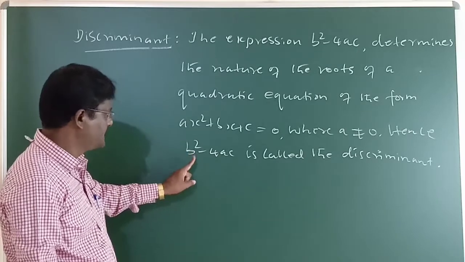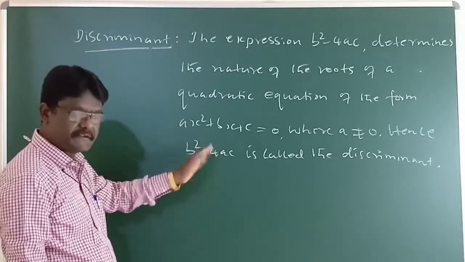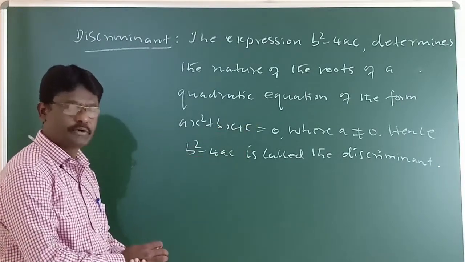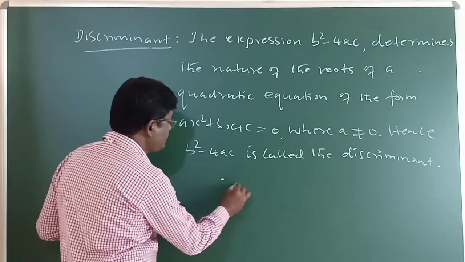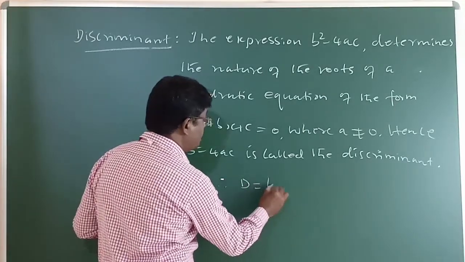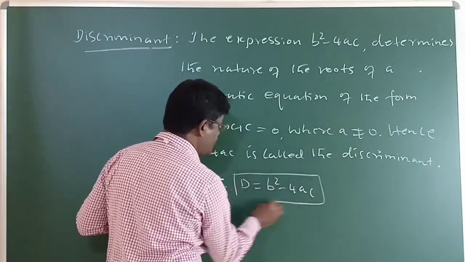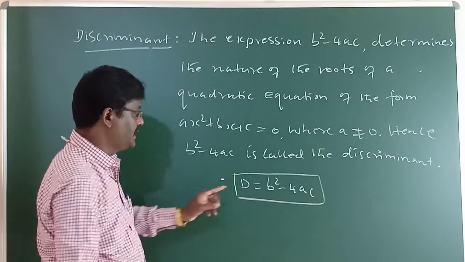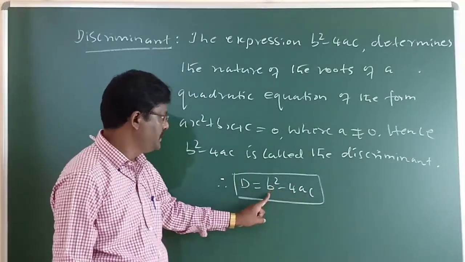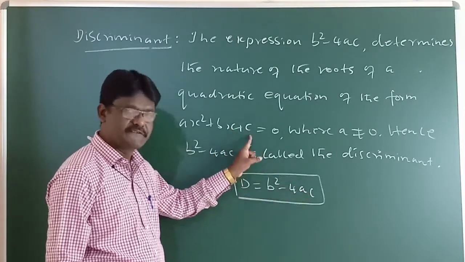Hence, since b square minus 4ac describes the nature, we call it the discriminant. Therefore, discriminant D equals b square minus 4ac. What do we mean by a? The coefficient of x square. What is b? The coefficient of x. What is c? A constant.